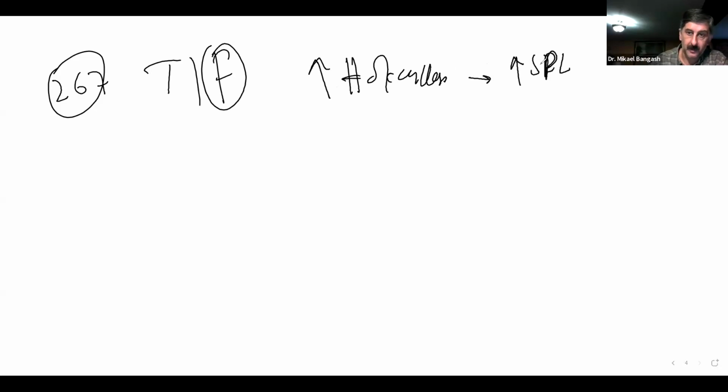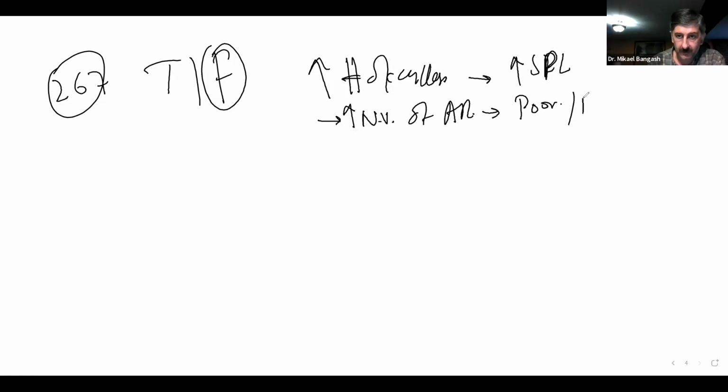A greater spatial pulse length. Greater spatial pulse length leads to a greater numerical value of axial resolution, and that will lead to less detail.